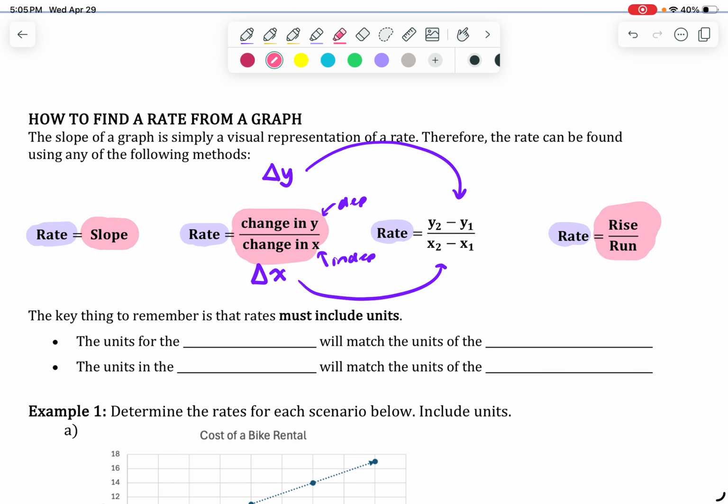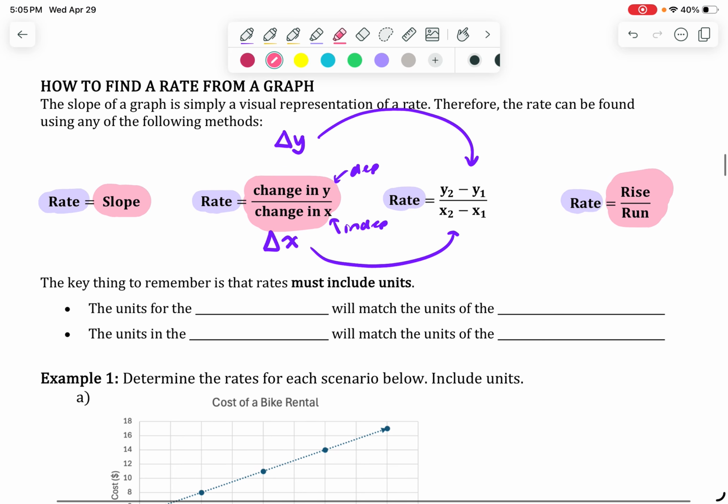Now, all of these are accurate, and all of these make sense, and all of them can be used. However, there are some that are better suited for graphing purposes and some that are better used for non-graphing purposes. So all of these can be used for a graph, but the ones that I've highlighted in green, you can also use without a visual graph representation present.